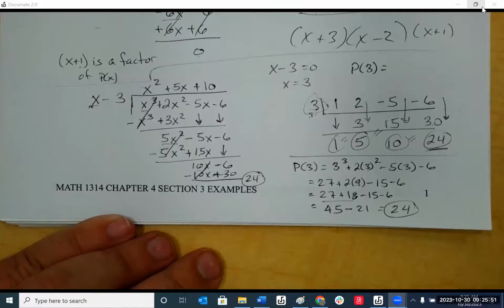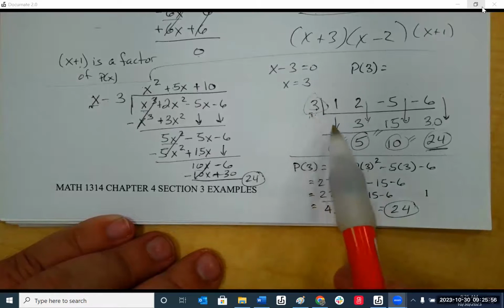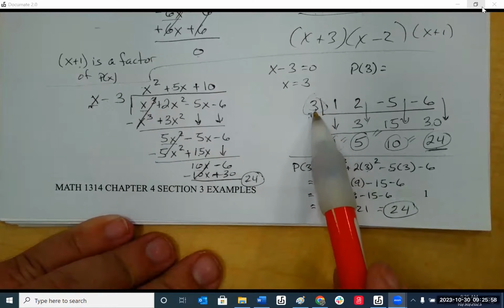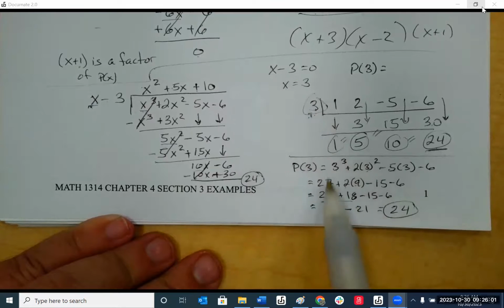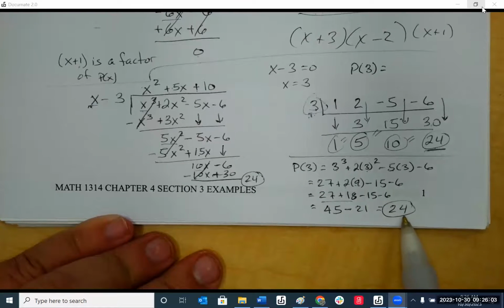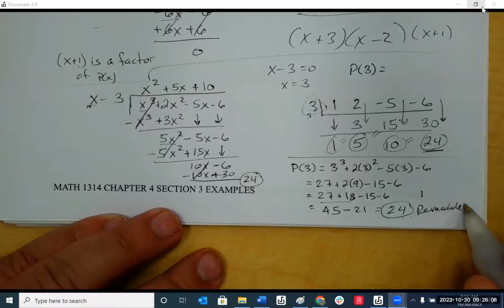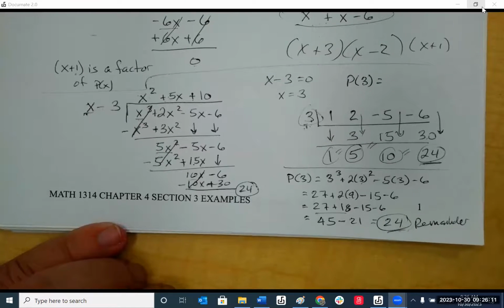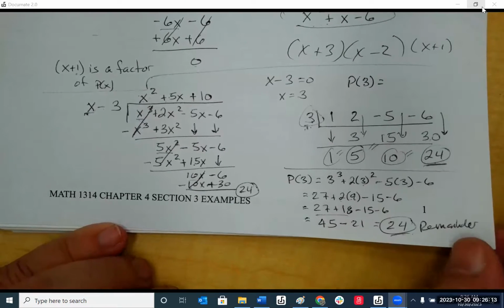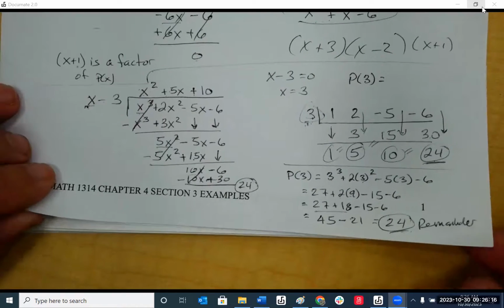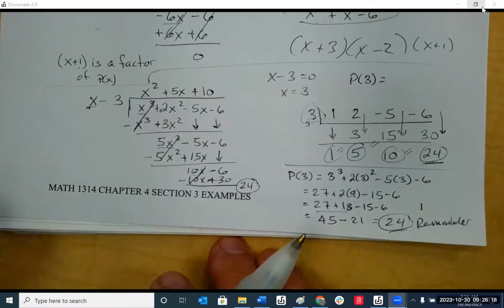That works. So again, you have 3 methods now to see if something's a factor: long division, synthetic division, or you can solve the factor and plug it in there. This will always give you the remainder. So it's whatever method you want to use to find factors.